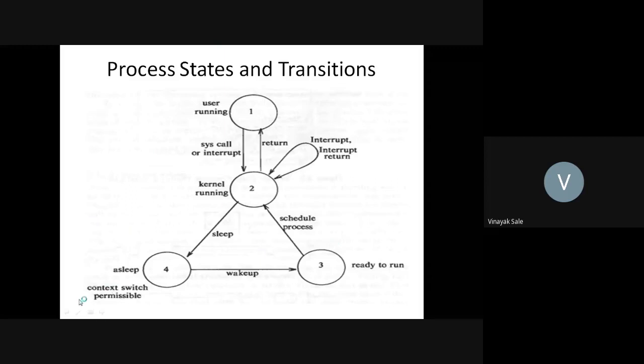Then, whenever a context switch is permissible, the sleeping process will wake up and go to the ready to run state, and as per the scheduling algorithm, the kernel schedules the process for execution through kernel mode.